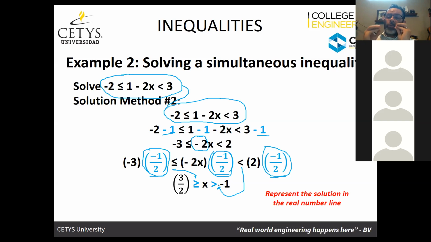Always when you're multiplying or dividing by a negative quantity, the symbols are going to change. I call it that they flip or change to the other way around. So if it's less than, it's going to turn into greater than. If it's greater than, it's going to turn into less than. They always change. So in this case, these flip, and we are left with this inequality, which is equivalent to the original one we had with the other solution.